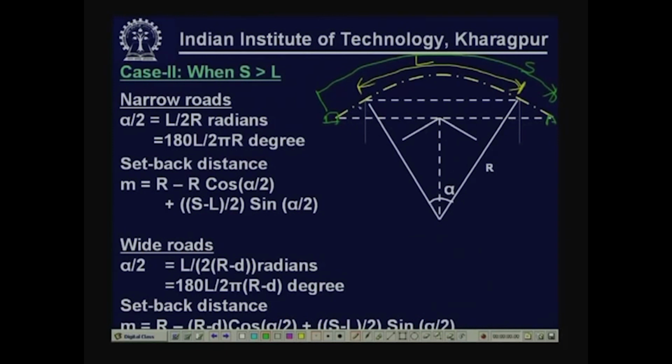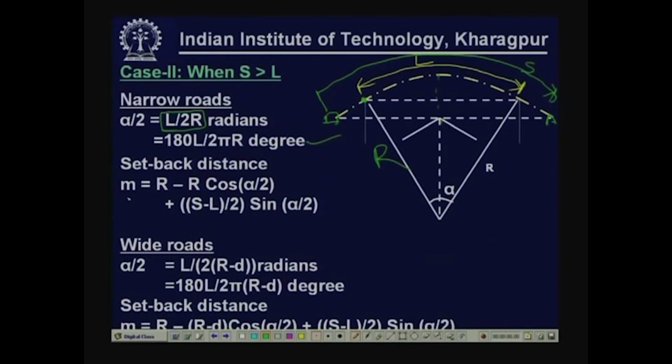Now, if we consider a point here, then in the same manner alpha by 2 is equal to L by 2r radian. Note that it is not S by 2r in this case, this is L by 2r radian, this distance is r. So, L by 2r radian converted into degree.